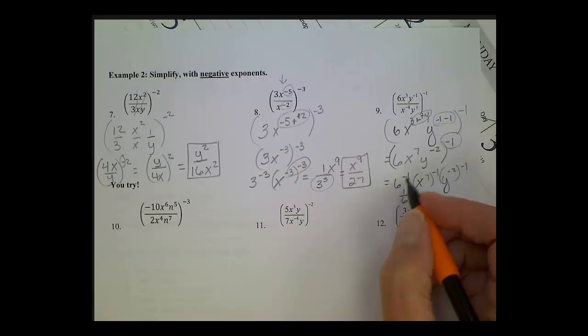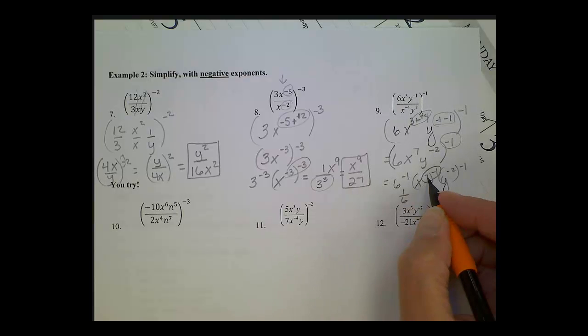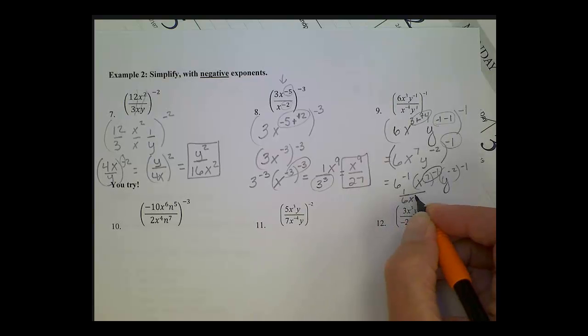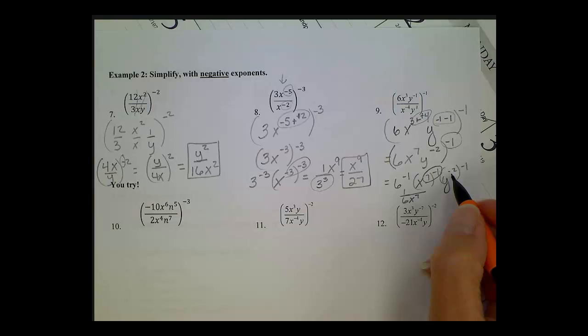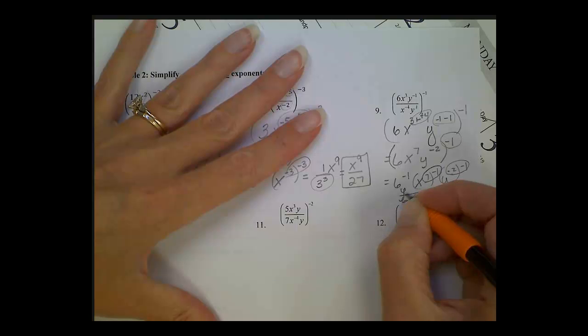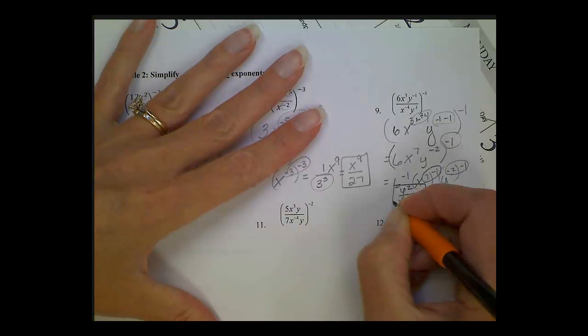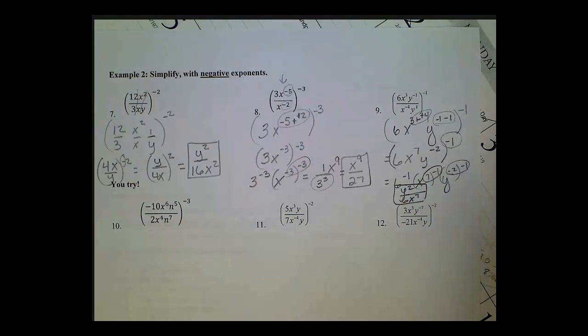Because that'll make this go to the denominator. 7 times a negative 1 gives you x to the negative 7th, so that has to end up in the denominator. And y to the negative 2 times negative 1 gives you a positive 2, so you get y squared in your numerator.